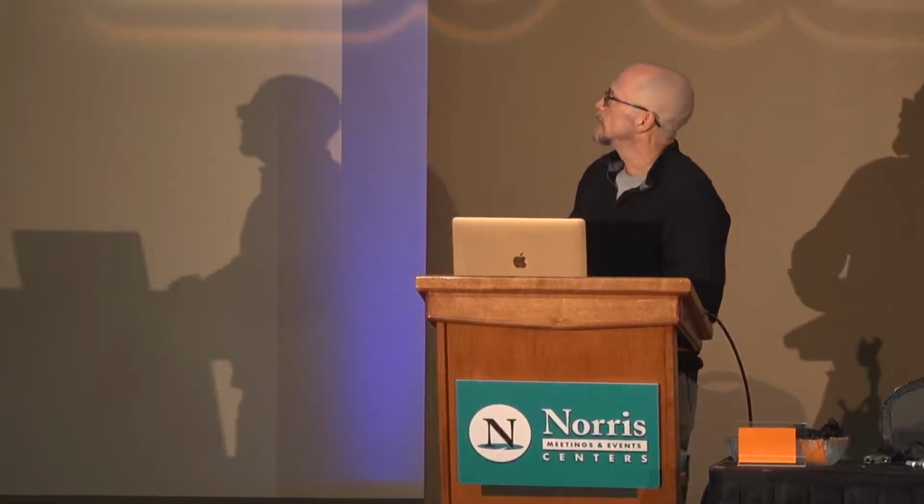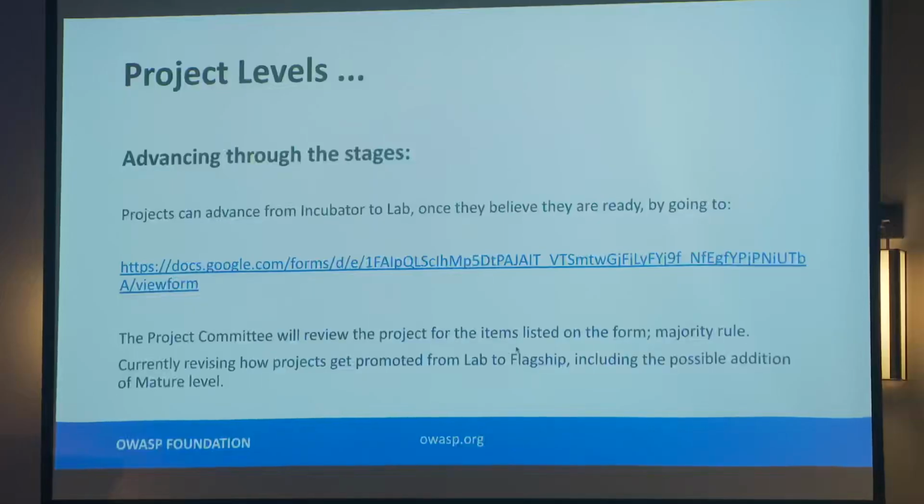Okay, advancing through the stages, you can request as a project leader, once you believe that your project has reached a certain level, to go from incubator to lab. And you would go to this form, which is also on a QR code. And the project committee, which includes me, will review the project for the items that are in this form.